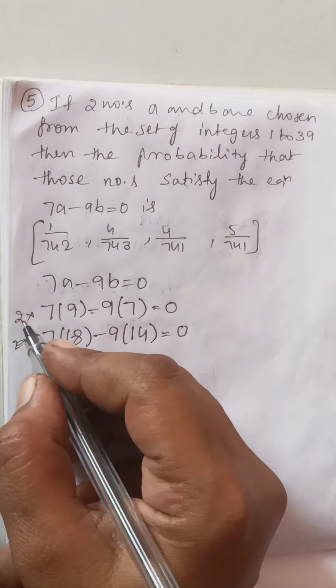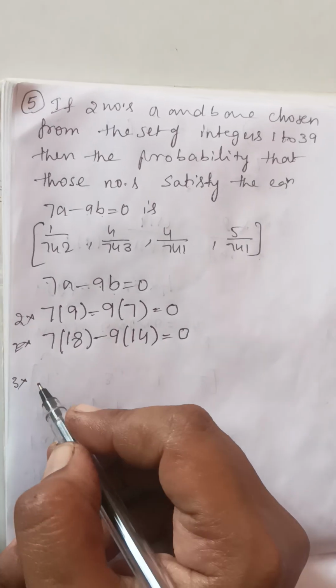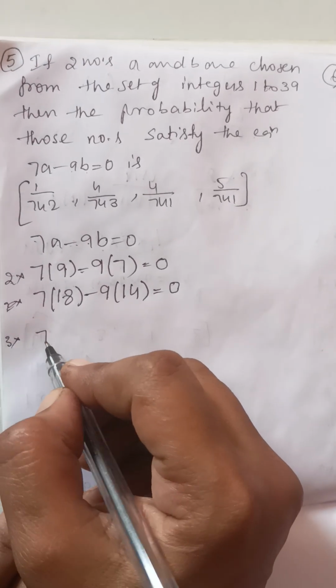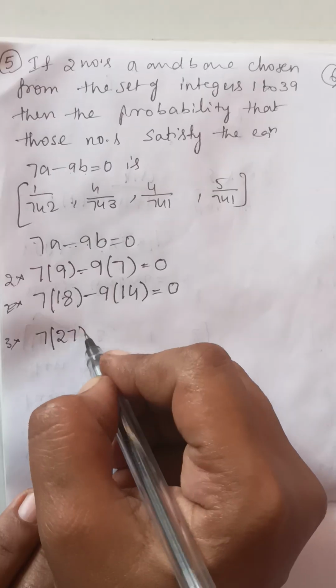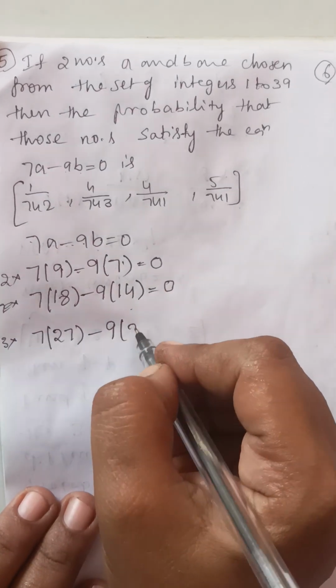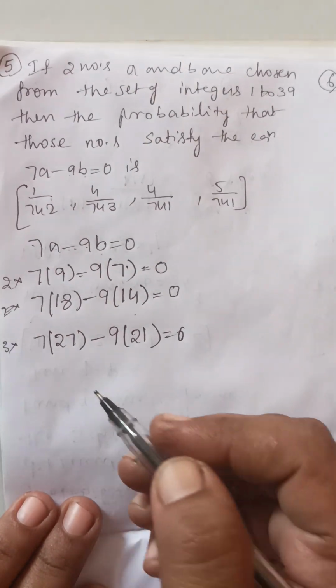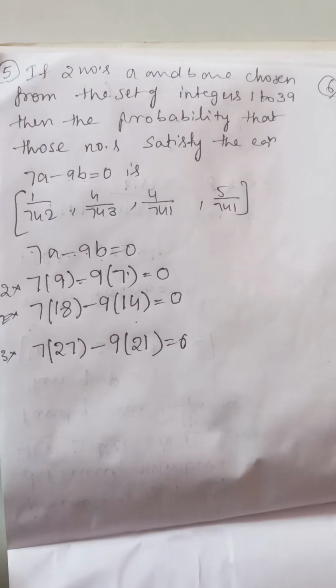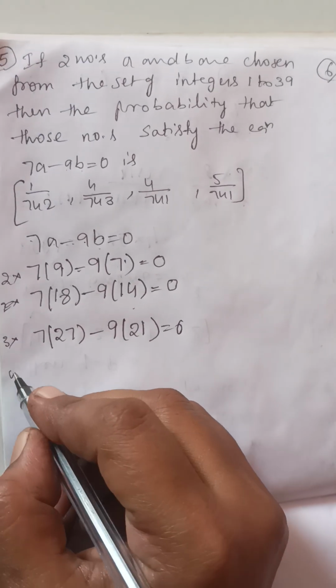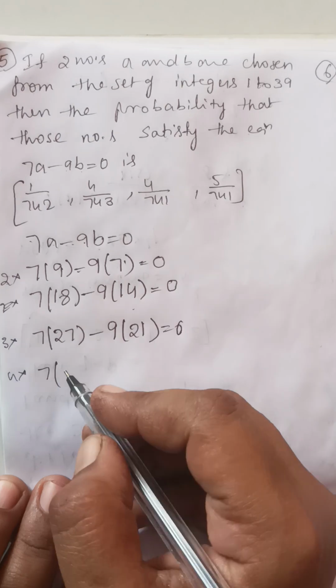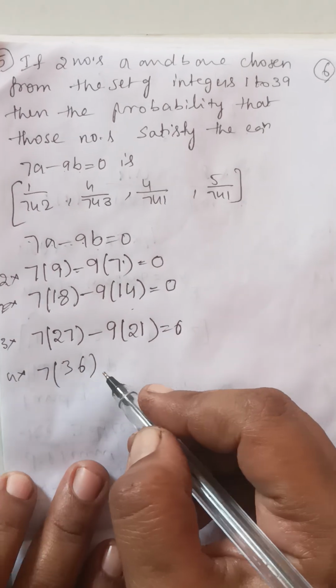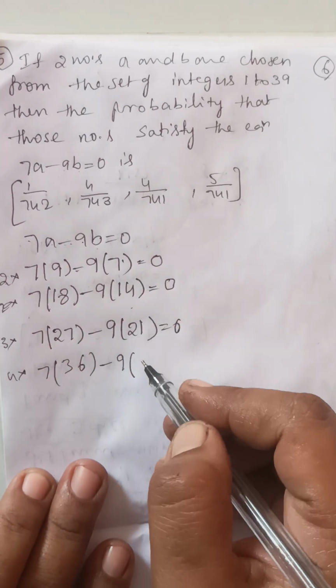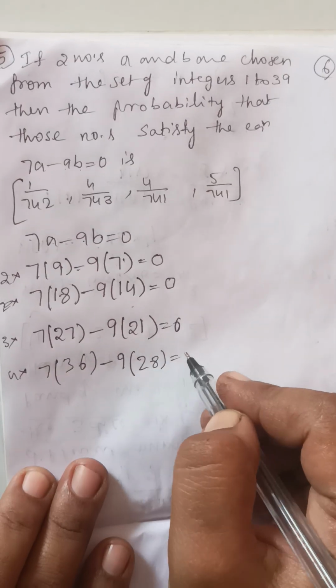Now we can multiply this equation with 3. So multiplied by 3 gives 7 into 9 threes 27, and 9 into 7 threes 21. So this is another pair to get 0. We can also multiply with 4: 9 fours 36, and minus 9 into 7 fours 28 equal to 0.